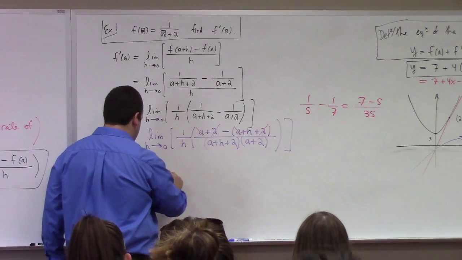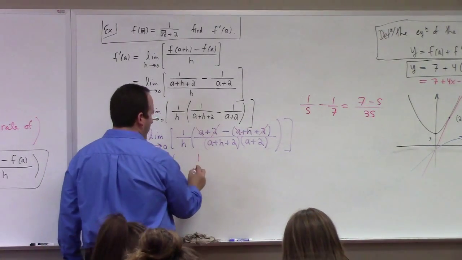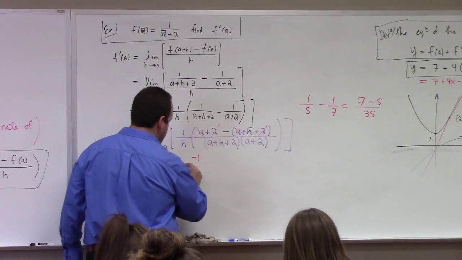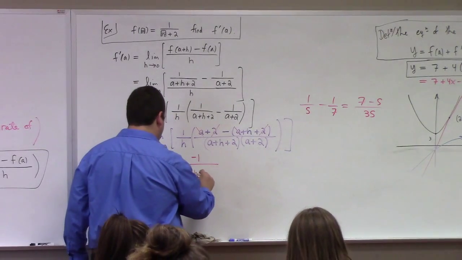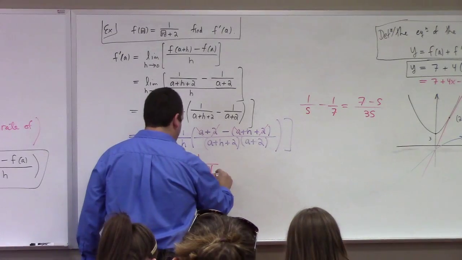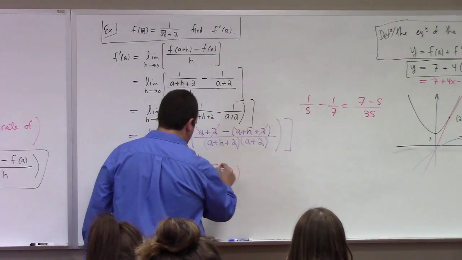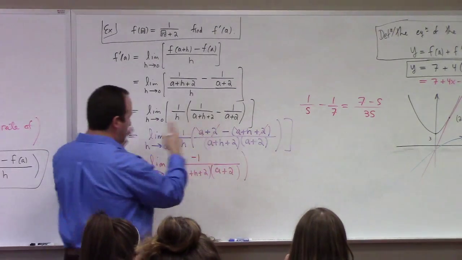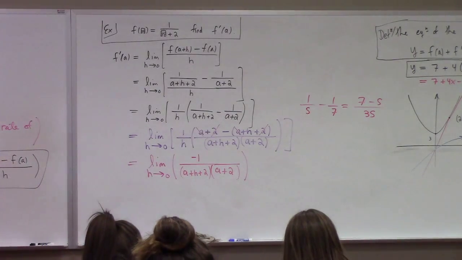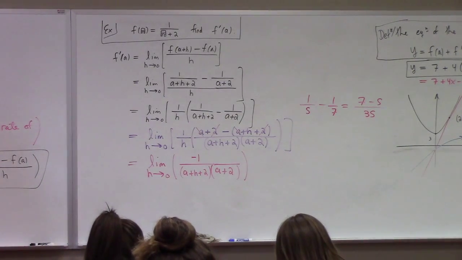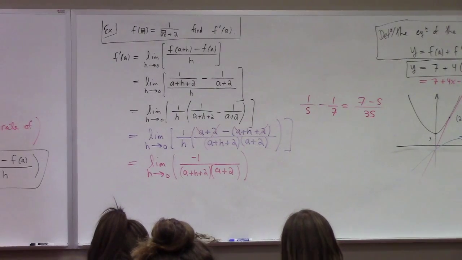Limit as h goes to 0 of 1, but there's a minus, right? So we canceled out the a with the minus a, the 2 with the minus 2, and then we reduced h over h to give us 1.